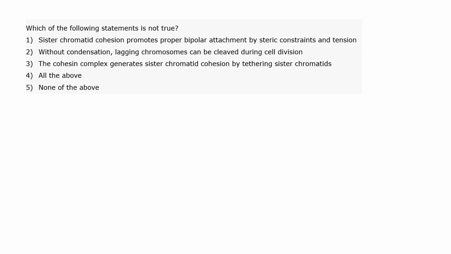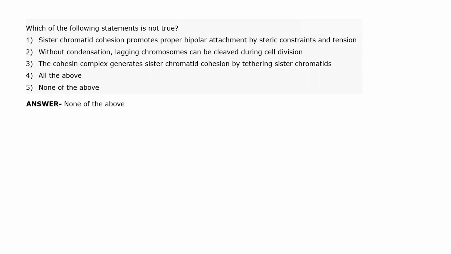Yeah, I'm getting option number 5, none of the above. Any other option? Okay, so the answer to this question is option number 5, none of the above.